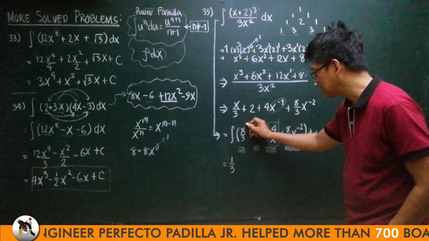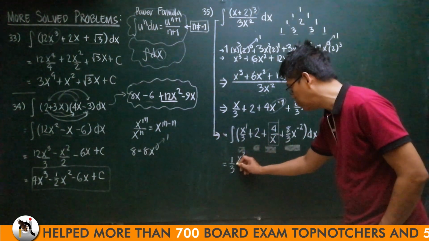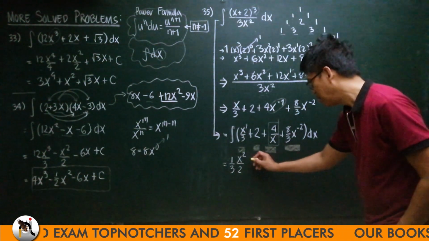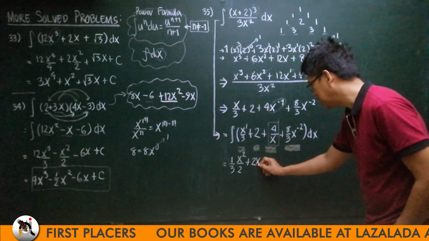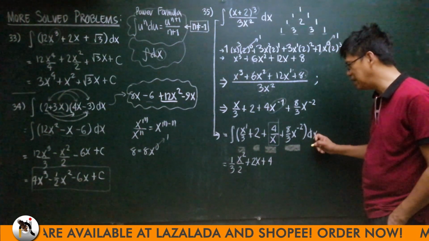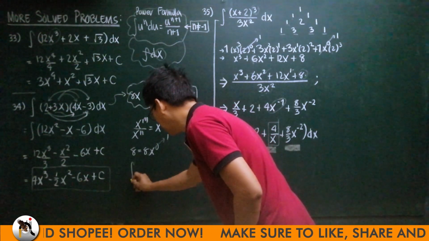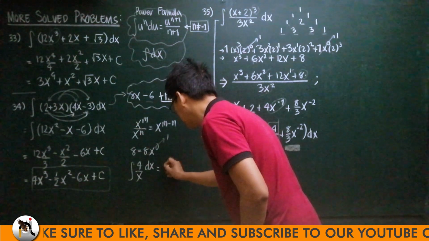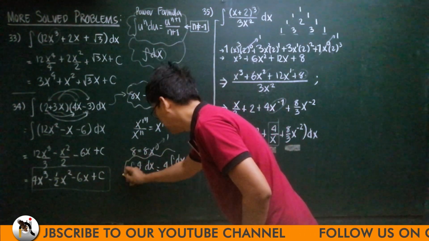Integral of x or x to the 1 is x to the 1 plus 1, 2 over 2. You just increase the exponent by 1, no? Plus 2 integral of dx, that's x. Plus 4 integral of dx over x. Remember, integral of 4 over x dx is the same as 4 integral of dx over x.